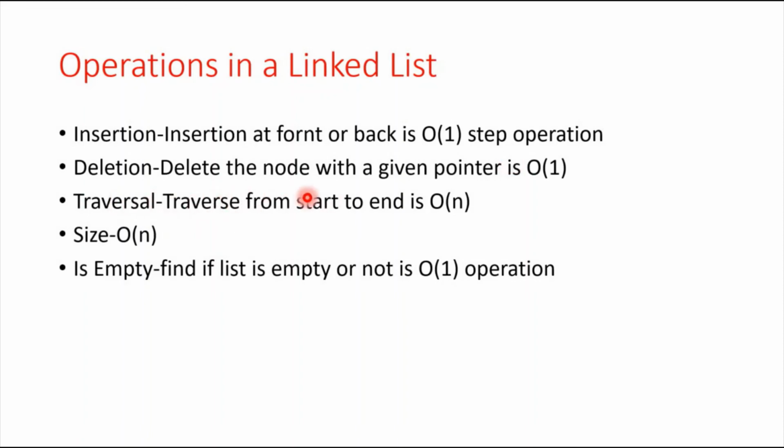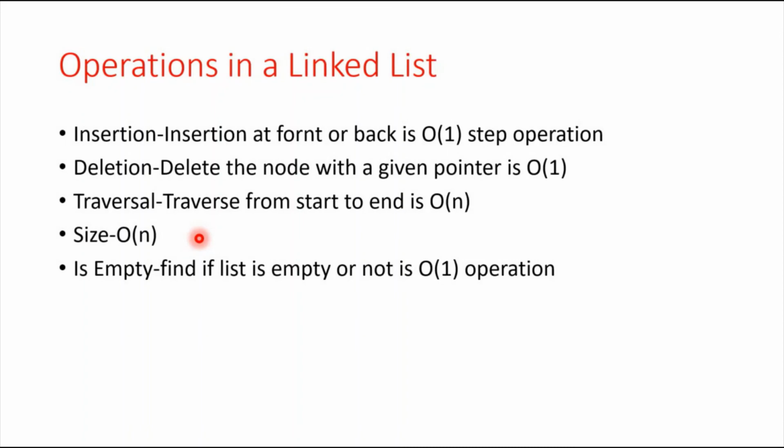Deletion, deleting the node with the given pointer, is a big O(1) operation. Traversal: we have to move from start node to end node, walking through each element. If we have 5 elements, we walk through all 5 and print each data element.